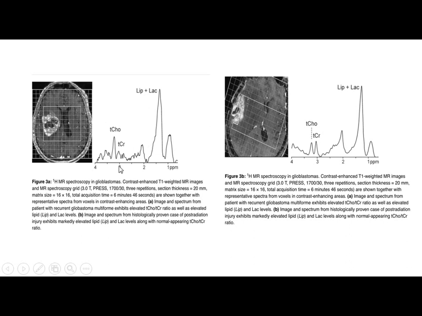Here in both cases, there's elevated lipid and lactate, but here the choline creatine ratio is abnormal, it is elevated, but here the choline creatine ratio is normal. So by this, before the pathological diagnosis, you can decide. Without spectroscopy, both of them look the same. It is impossible to differentiate. You have no clue to differentiation.